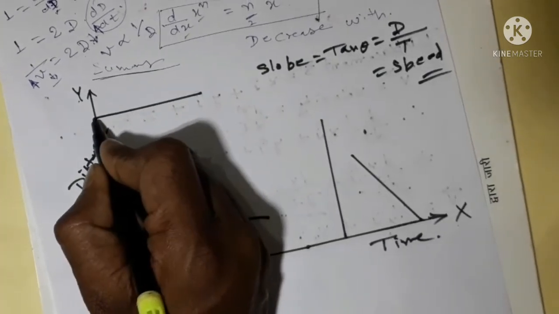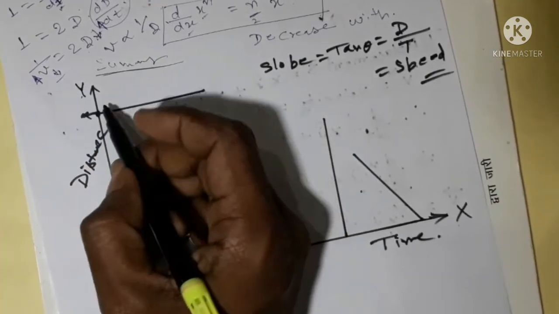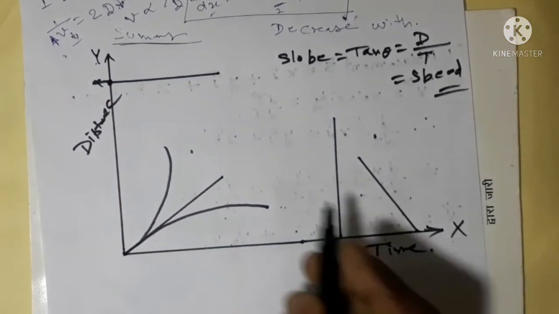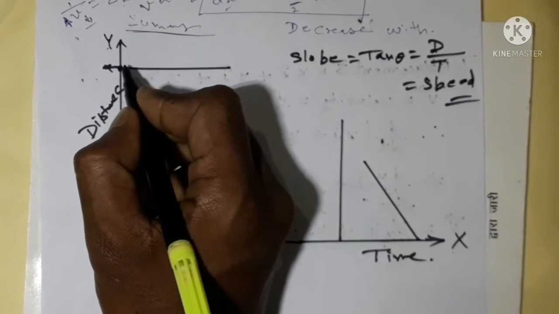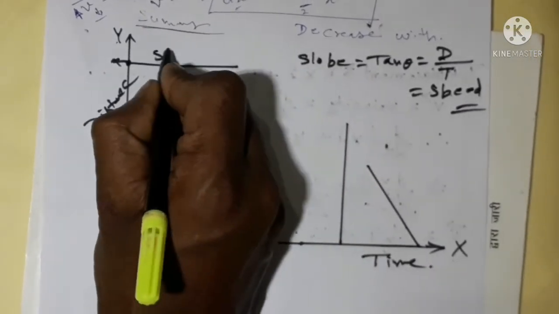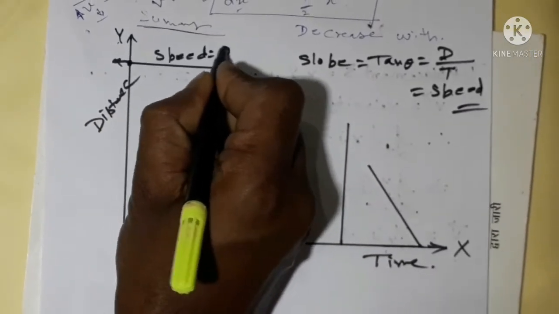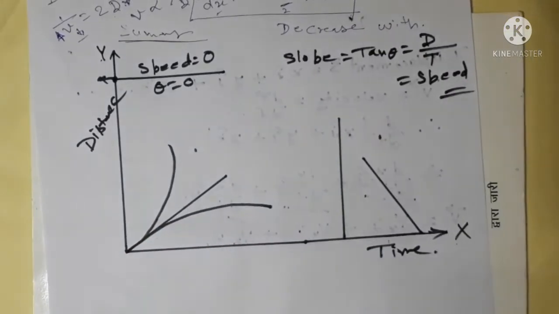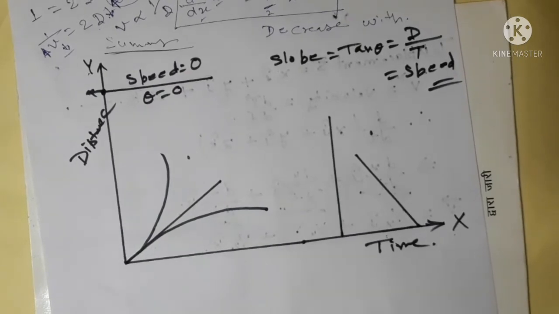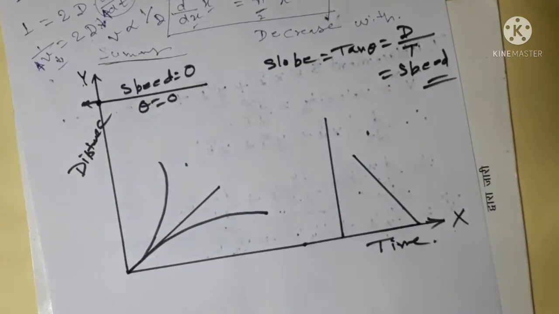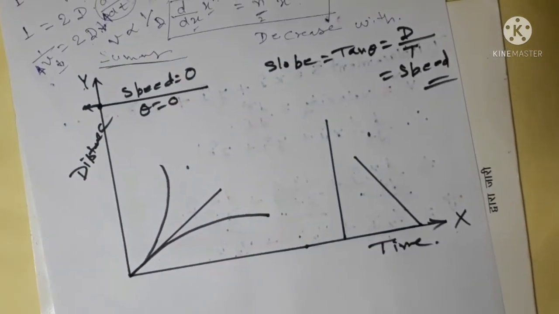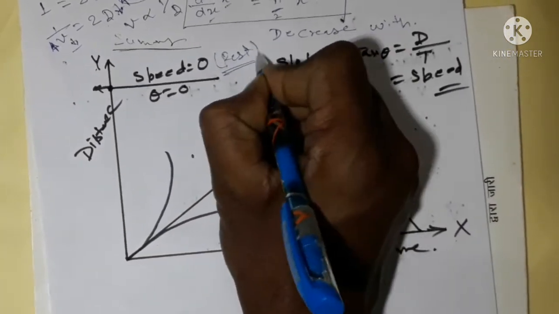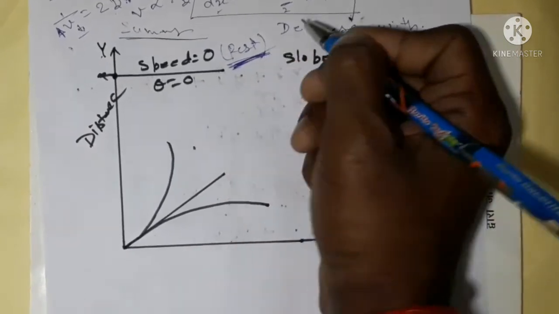So this is the fixed distance, the distance is not increasing but time increases. It means speed is equal to 0. How is speed 0? Because theta is equal to 0 degrees and tan 0 is equal to 0, and slope gives speed. So speed equal to 0 means rest position. This type of graph is rest, the particle is at rest.